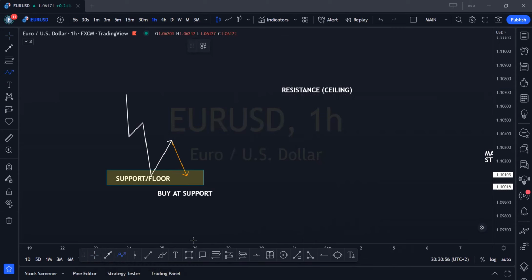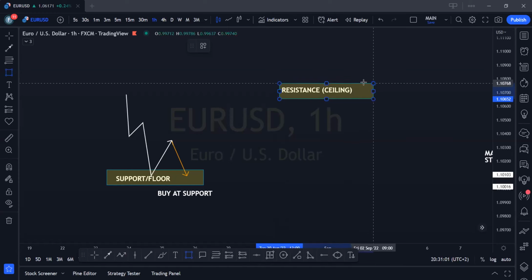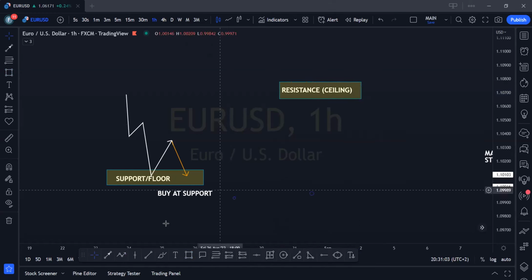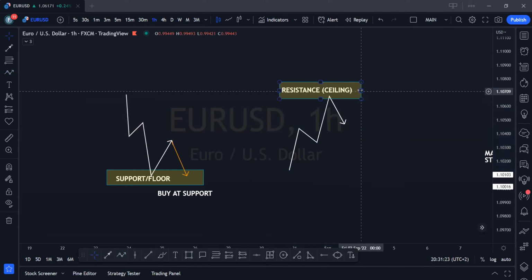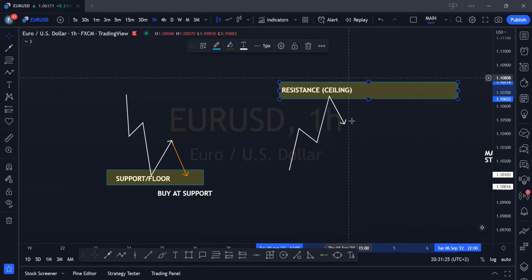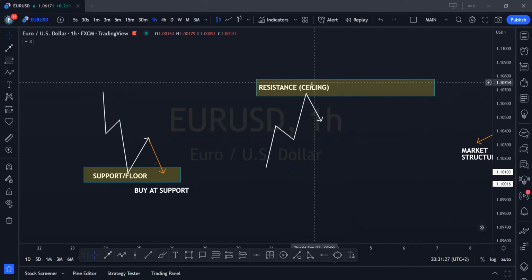So a resistance, let's bring the rectangle there, like so. See, price is going up like so, and then price gets to a particular point, and you see that when price got to a particular zone in the market, you are seeing a very strong and swift reversal. Price changes direction. There's a visible reversal, and you saw this happen in the past.